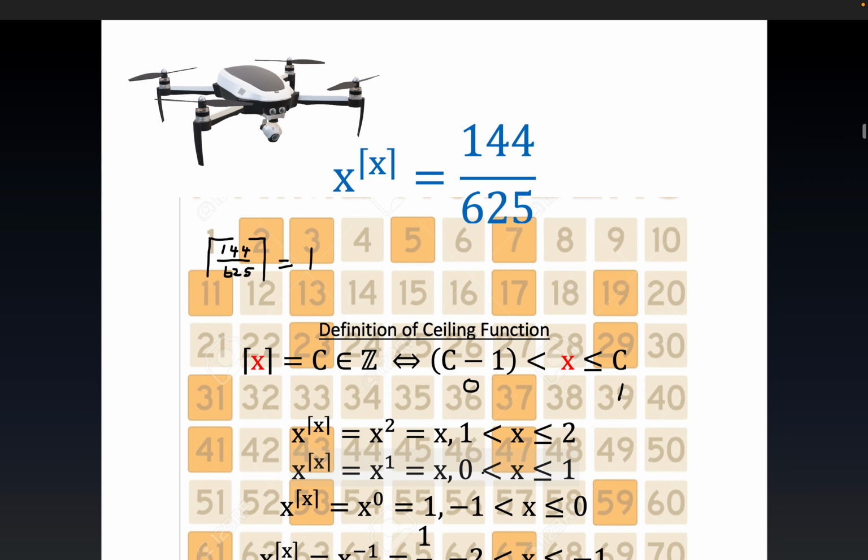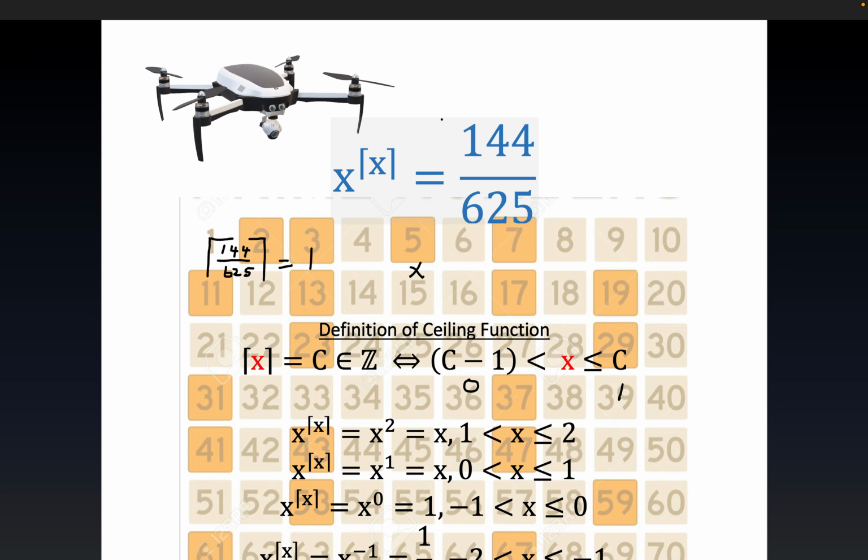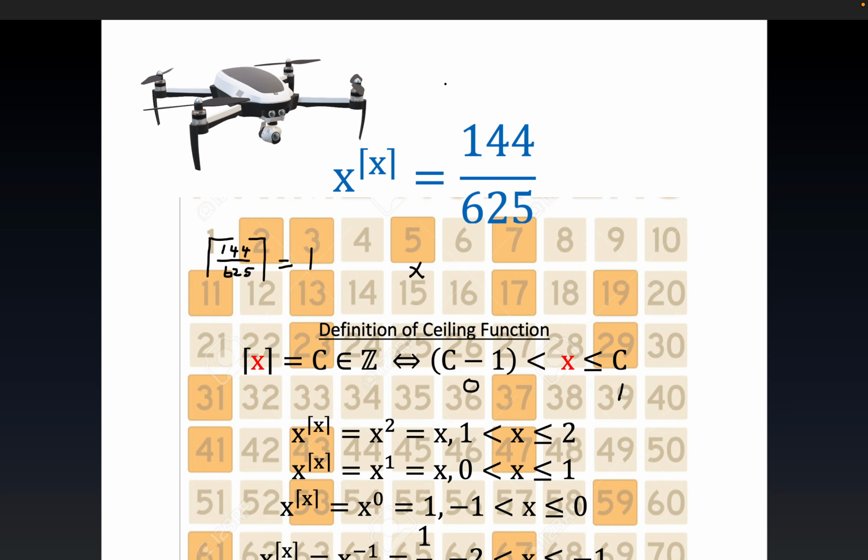Now notice that gives us a very quick answer. When x is between 0 and 1, the right-hand side of the equation happens to be the answer, because its ceiling is 1 and you get x to the 1. So x equals, and I should say solve up here, we're trying to solve this equation.